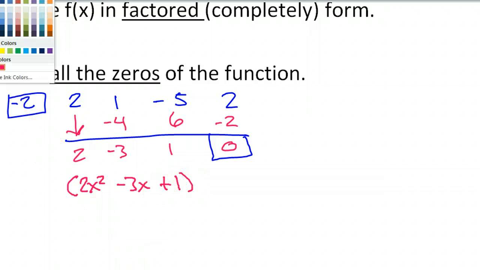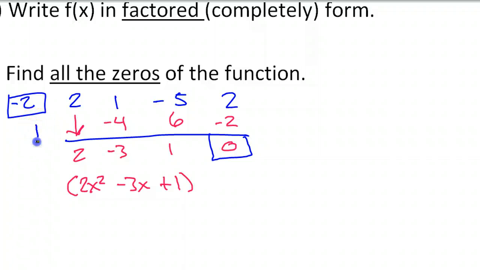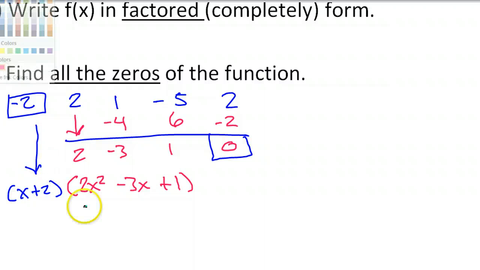And from the -2, that gives us a factor of x plus 2. So this is what we have so far. But to factor completely, we need to see if perhaps we can factor this pink trinomial. So let's give it a shot.